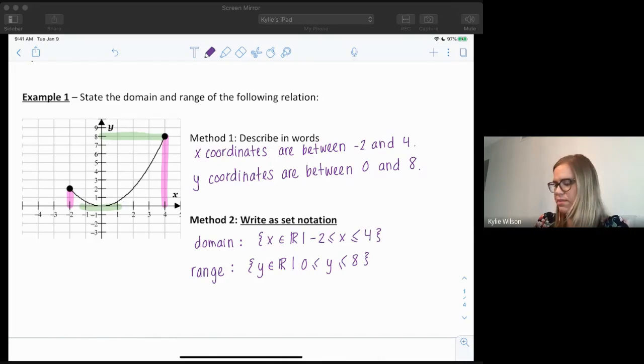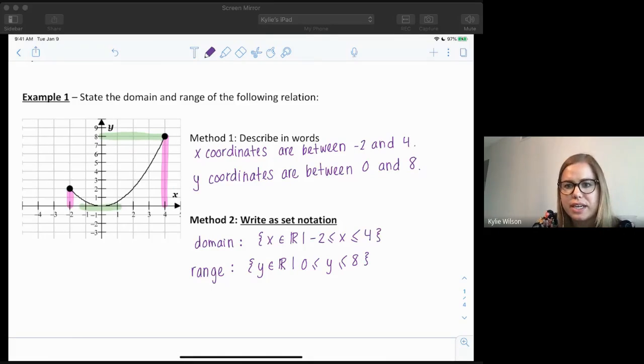And then I close it with one of those funny brackets again. So that is our setup of our domain and range. If you can get a picture, so have the graph and just identify where my X's and Y's are sandwiched between, it makes figuring out the domain and range much simpler.